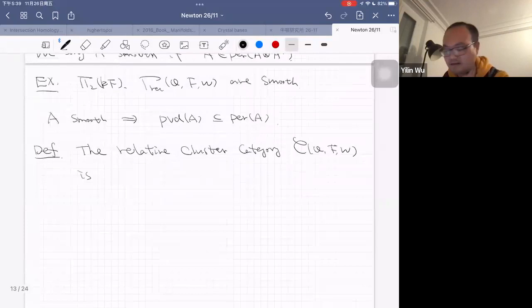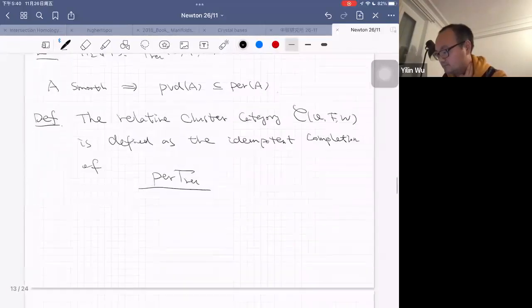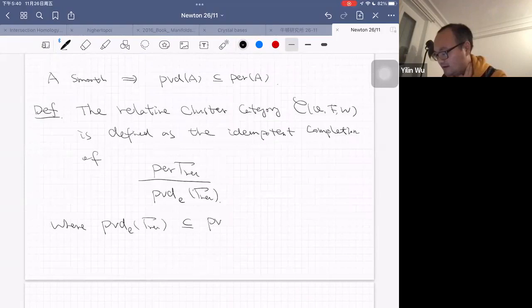It is defined as the idempotent completion of the following triangulated quotient, where this subcategory is defined as a subcategory of the perfect valued derived category of Gamma relative.